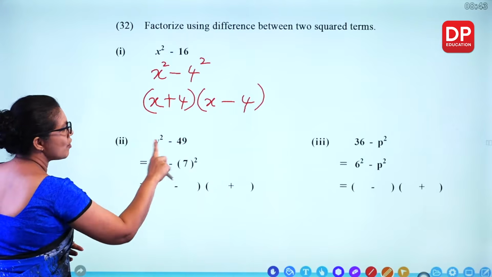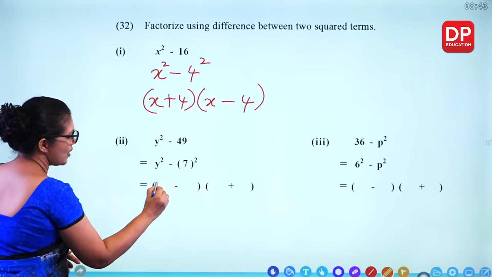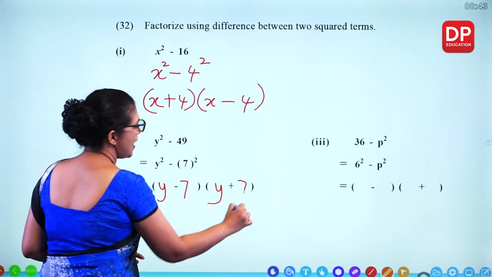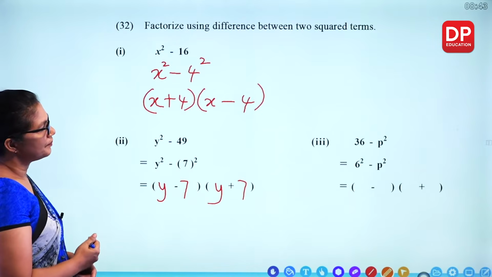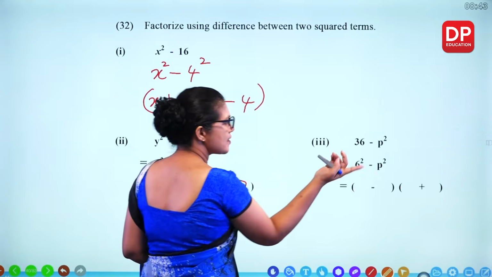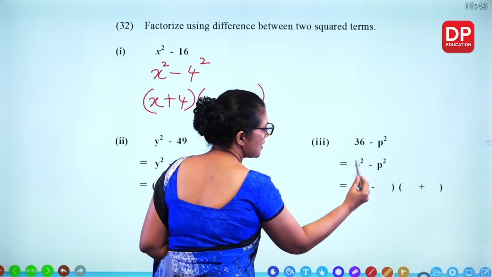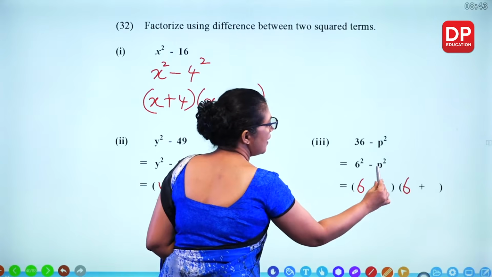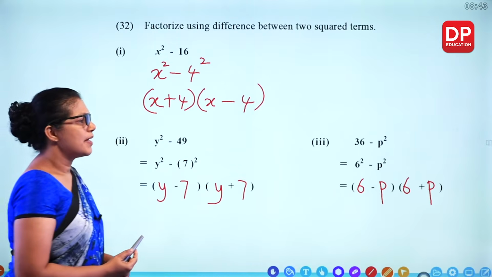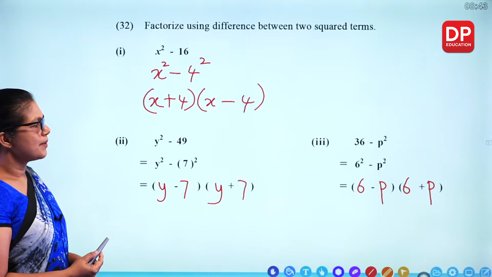So in this one, 49 you can write as 7 squared. So what are the factors? Y minus 7 and y plus 7. This one, 36 you can write 6 squared. So 6 first and then p. So what are the factors? 6 minus p and 6 plus p.